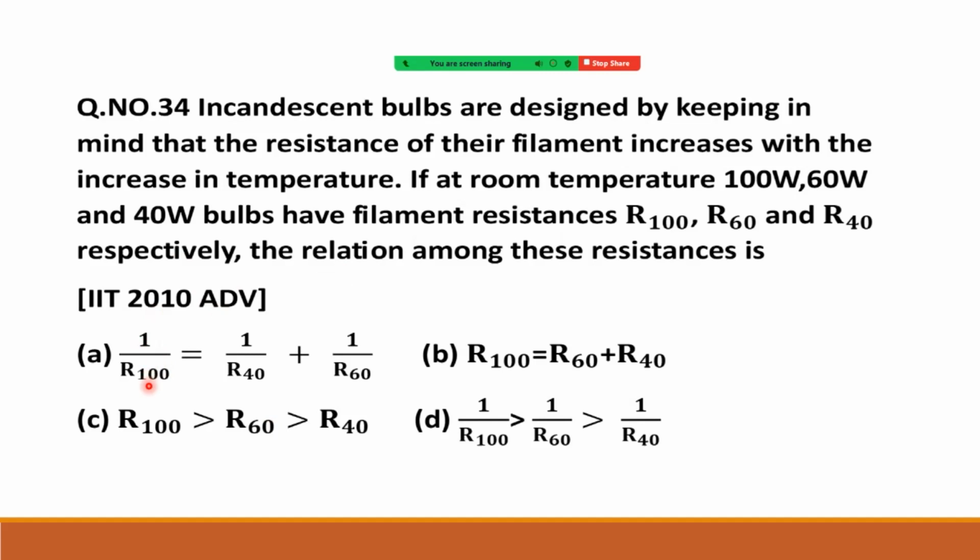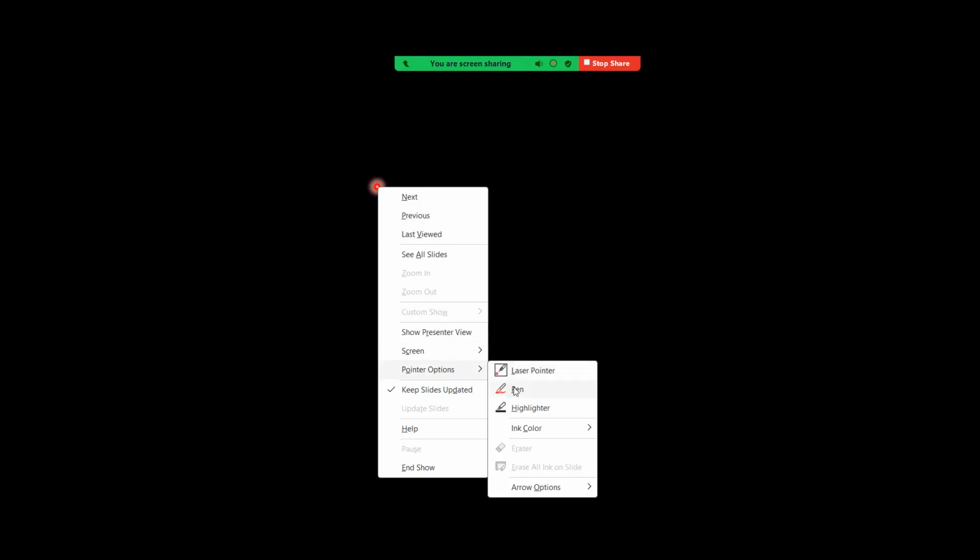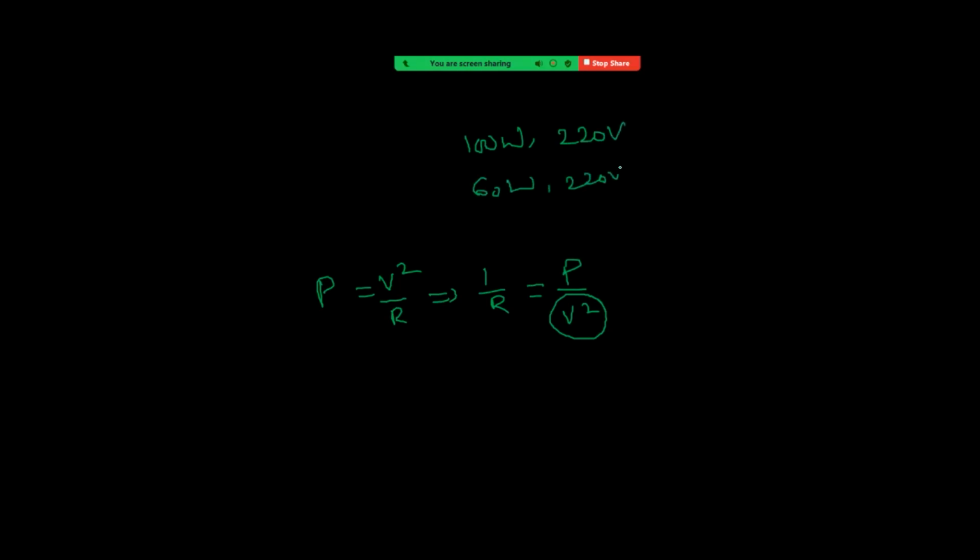We know that P equal to V squared by R. I will write here once. P equal to V square by R. That means 1 by R is P by V square. For all, the V value is the same, this is nothing but the marking. For example, it is like 100 watt, 220 volt, 60 watt, 220 volt, 40 watt, 220 volt.